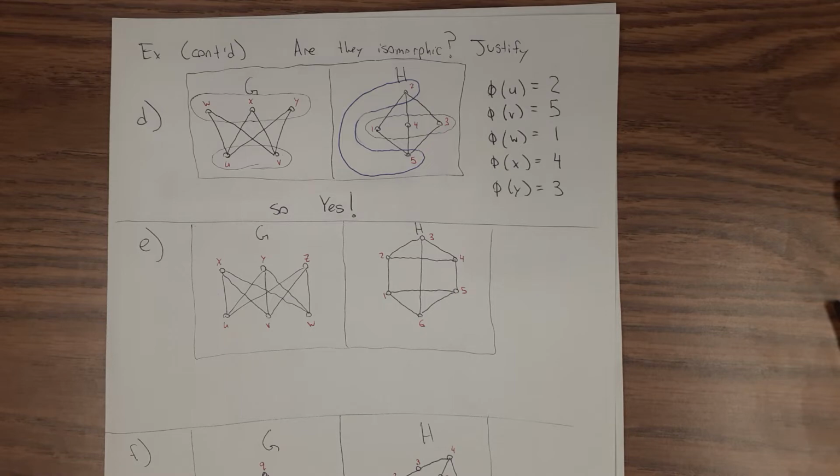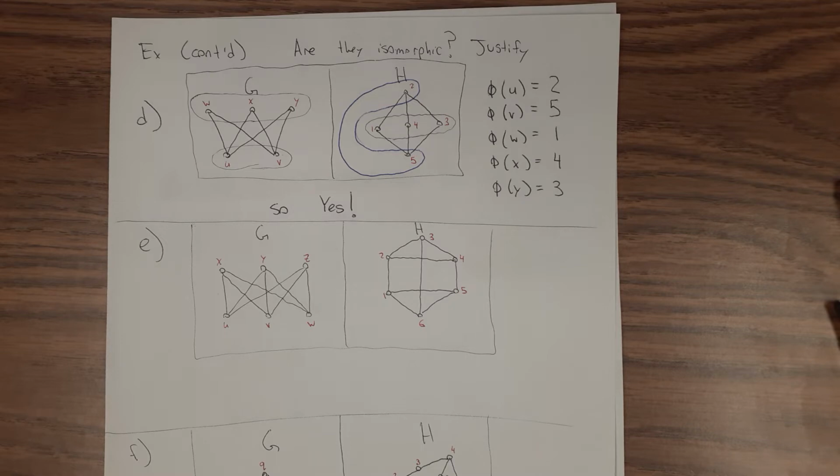So let's talk about 2 more examples of this. And the truth is, in general, this is a very hard problem. I'm not going to give you a problem like this that's really that hard.